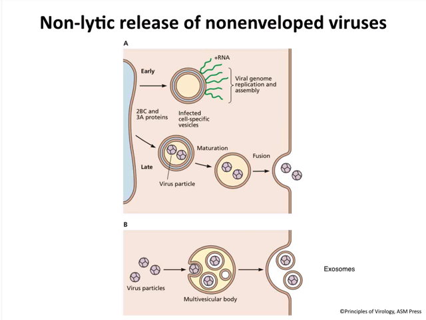The virus doesn't encode any glycoproteins. It's completely resistant to antibodies. Antibodies usually bind viral proteins. So this is a brilliant strategy for evading the immune system. And it's since been shown to happen with poliovirus as well. So it's a non-lytic way that viruses without an envelope can get out of the cells in these exosomes.